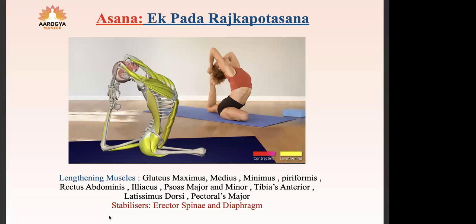Okay, those who are not able to do this posture, what should they do? They should practice Ardha Ekpad Raj Kapotasana. How will that be performed? That will be performed by keeping the back leg straight. If you keep the back leg straight and just bend forward, in that scenario, most of the muscles around the legs will get stretched.